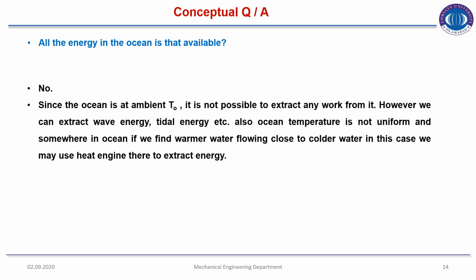The heat engine requires a temperature difference, but the ocean cannot provide one because it is at ambient temperature. However, when you study the renewable energy subject, you will come to know that there are certain other methods to convert ocean energy into useful work.